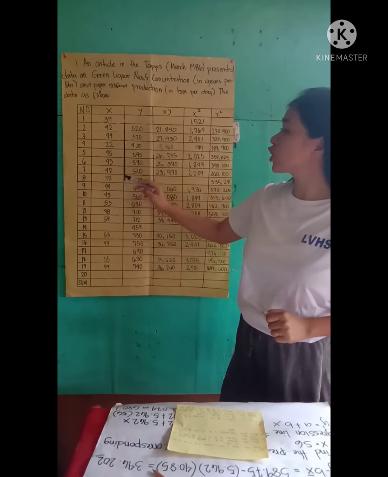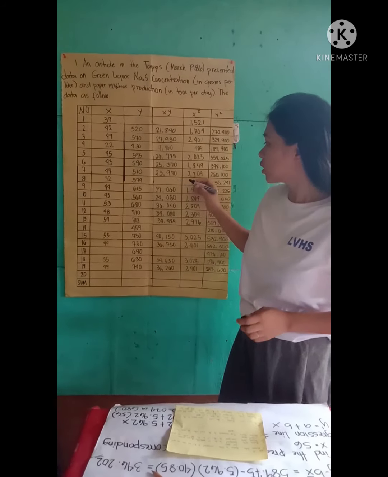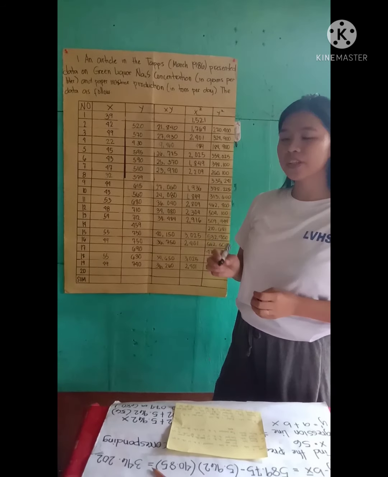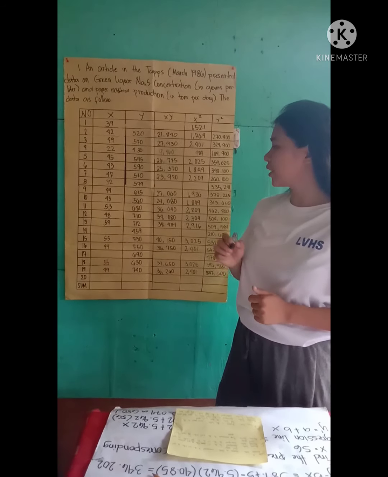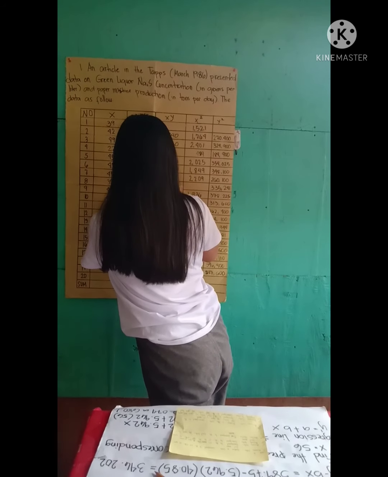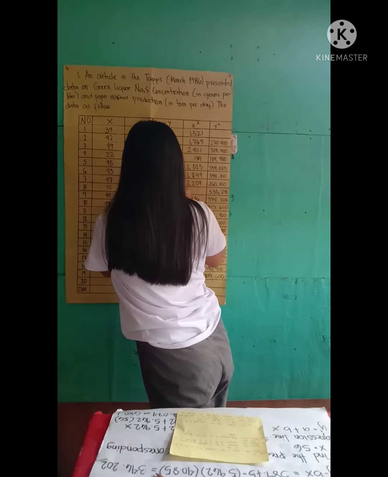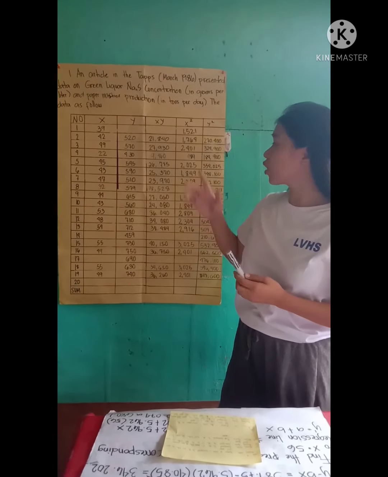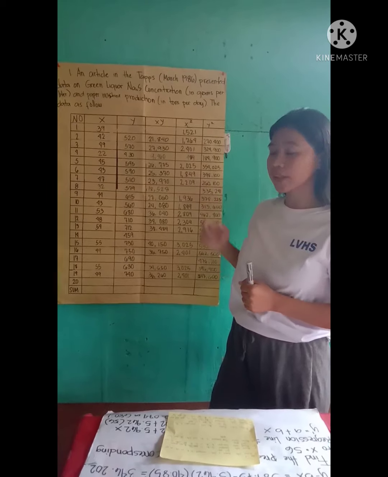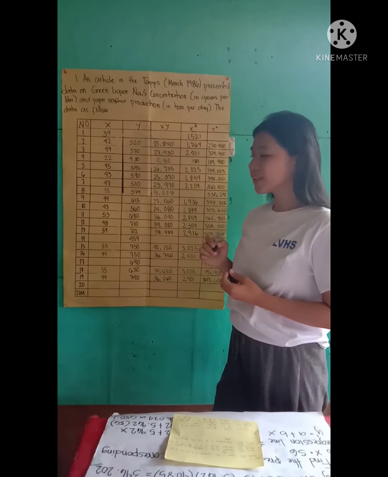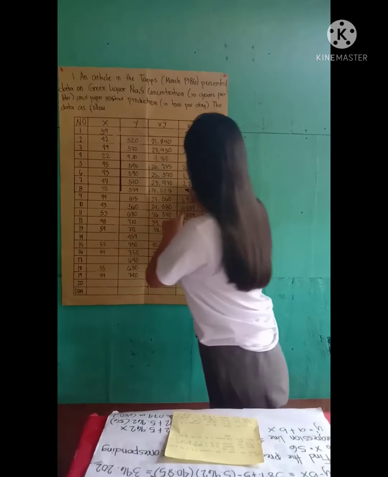Now let's solve for the XY. 32 times 579 is equal to 18,528. Now we can also solve for the X squared. 32 times 32 is equal to 1,024.